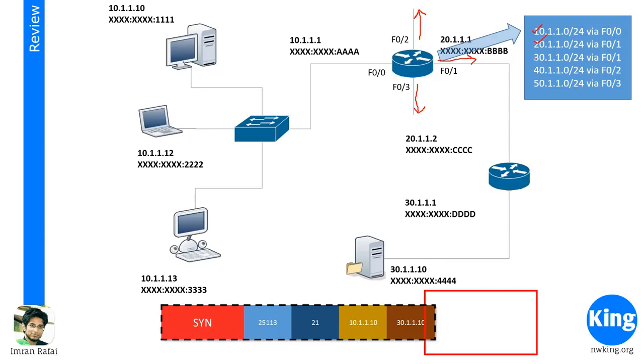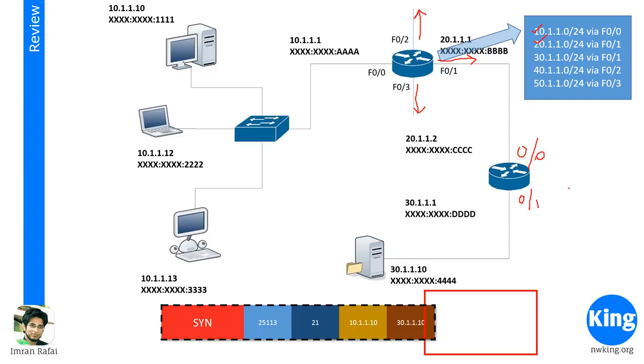Now, how does it know about, let's assume, 40 and 50. So let's assume F0/2 is connected to 40 and F0/3 is connected to 50. And the 30 network is connected to this device. So this device again has a routing table of its own, which says 30 is connected to my interface here, and let's assume this is 0/1, and let's assume this is 0/0, right?